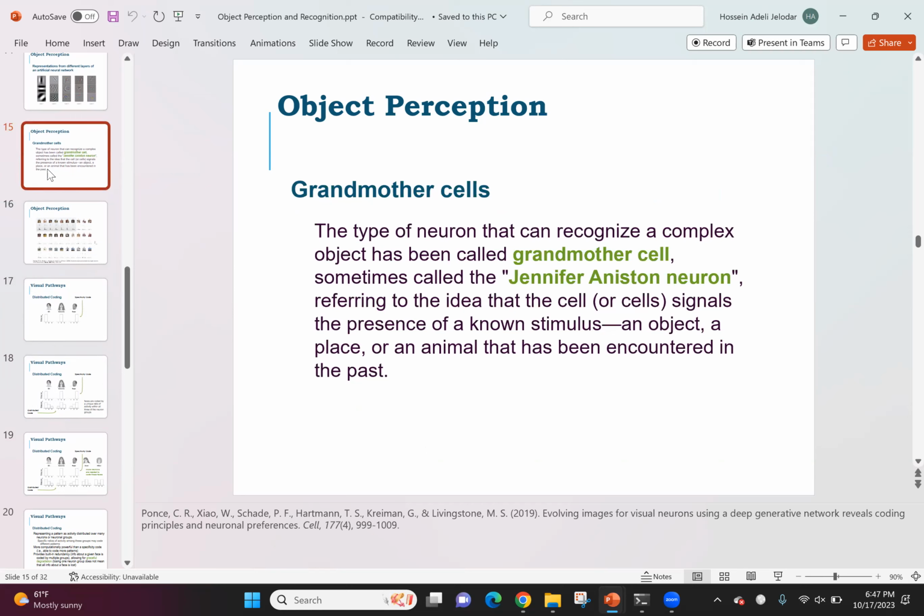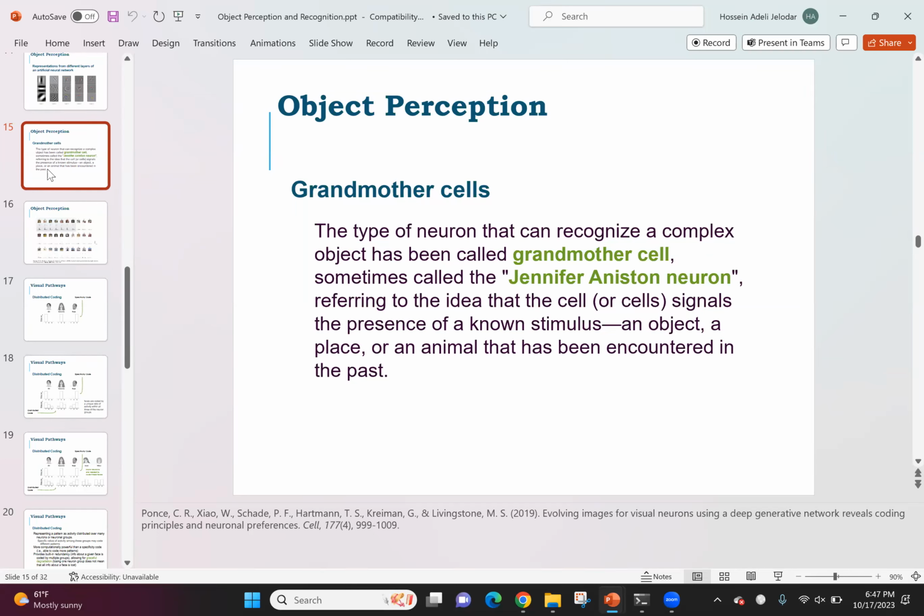So having told you this, people think, okay, what if I take this idea of selectivity to an extreme, right? If you're able to, across multiple layers, build such a specific selectivity, could it be that there is a single cell or a bunch of cells that only fire when I see my grandmother, right?